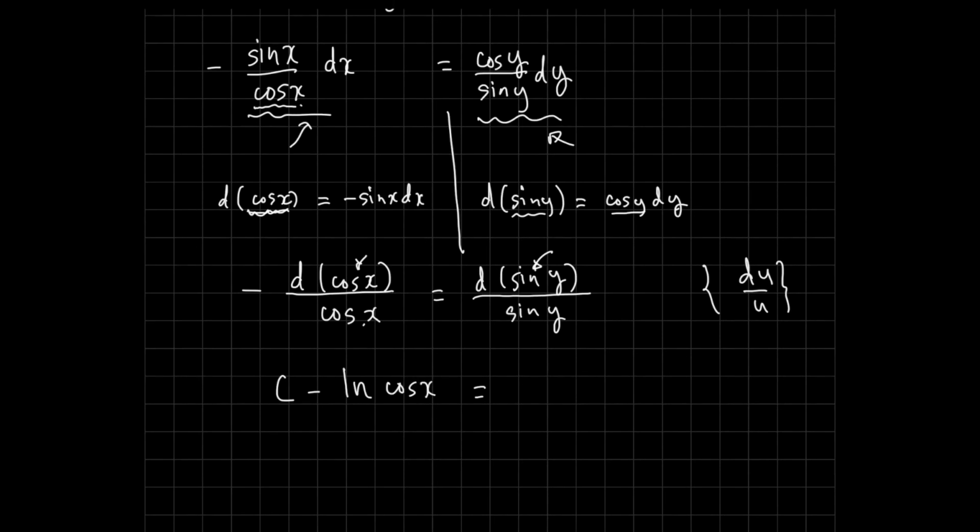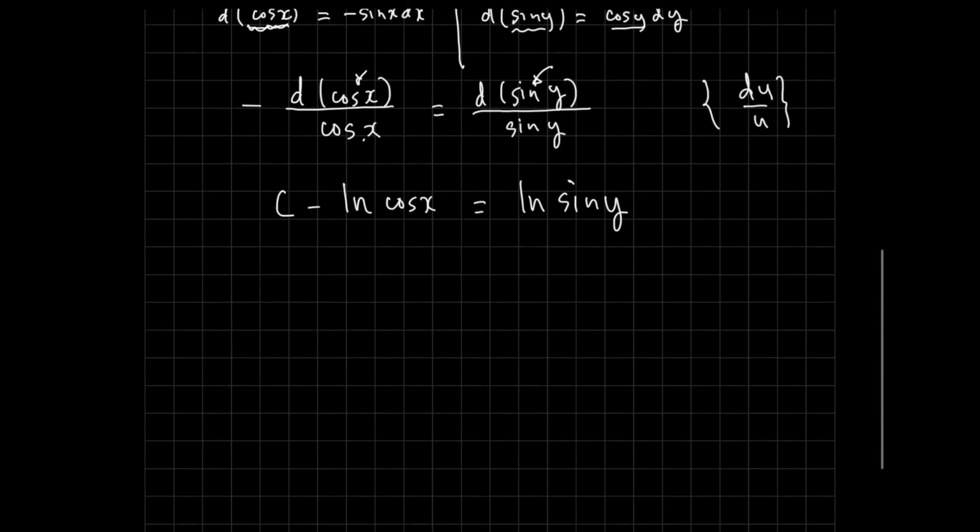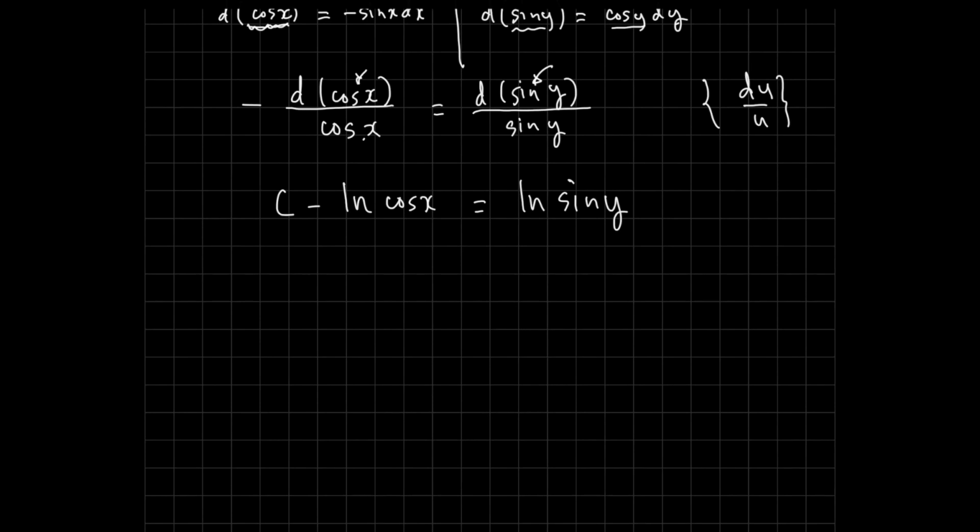And on the other side, that's just ln of sine y. And just to remove the logarithms, we can use both sides as exponent to the natural number e. And when we do that, we get e raised to the c minus ln cosine x.